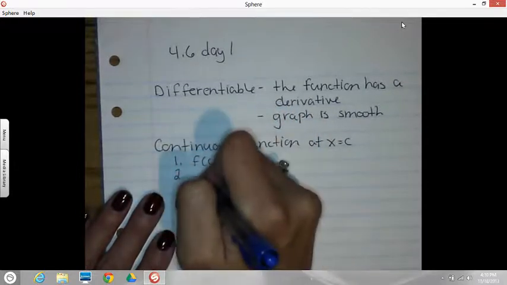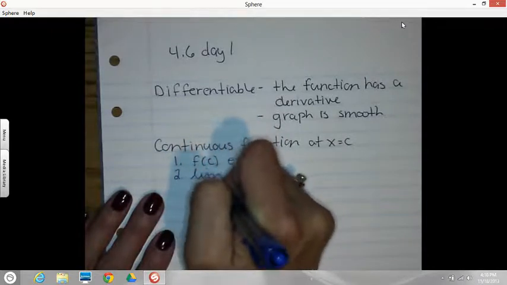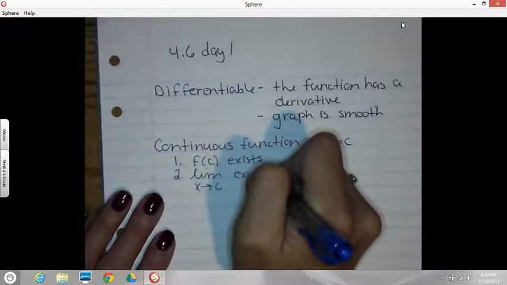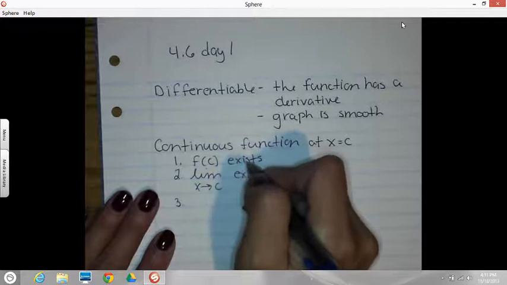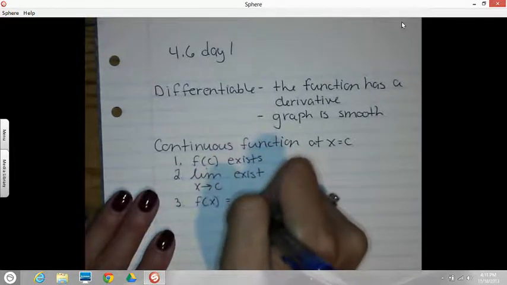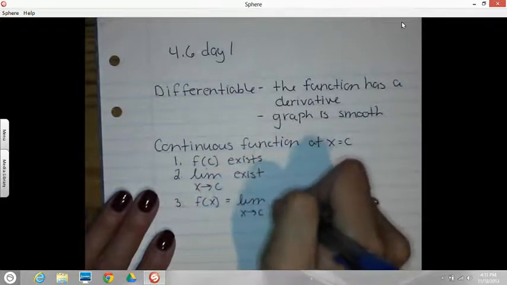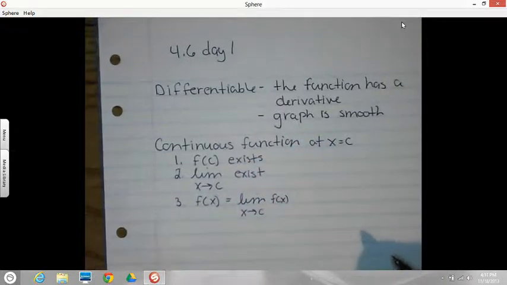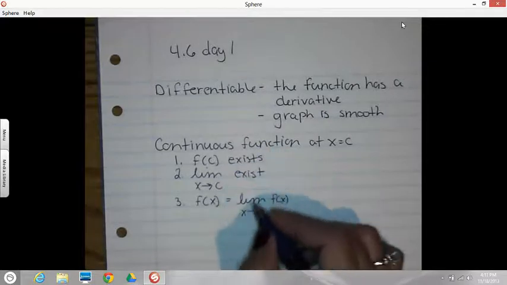The second thing, the limit as you approach c had to exist. And then the third thing was that these two values had to be the same. So the function value and the limit had to be the same thing in order to be continuous at a point. Well, today we're going to see a property that's going to shorten this up for us.